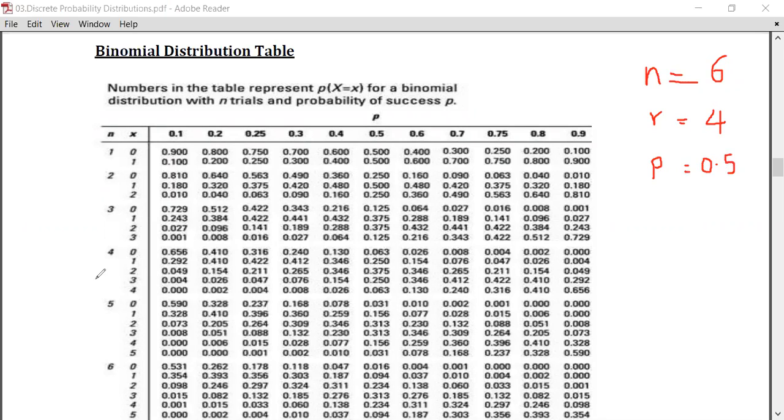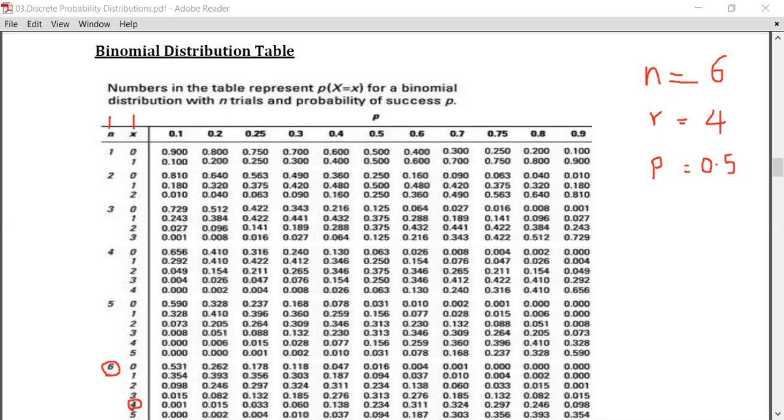In this table, the first column gives the value of n, the second column gives the value of x, or here r, and these columns give you the values for the success probability. According to our example, we need to go to n equals 6. Here we can see it. And among these 6, where should our r be? r is equal to 4.